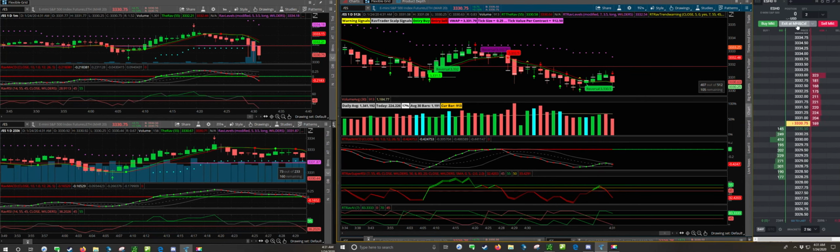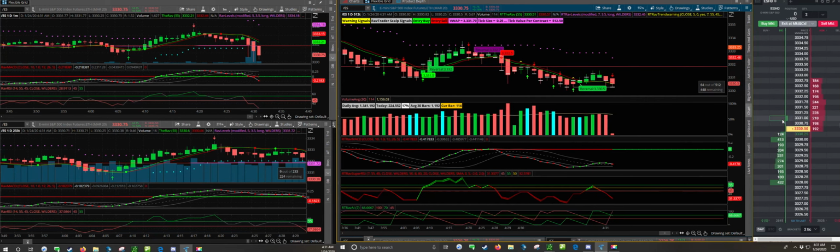Okay, here we go. Possible flag pattern. Order filled. 30.25 short. Order filled.